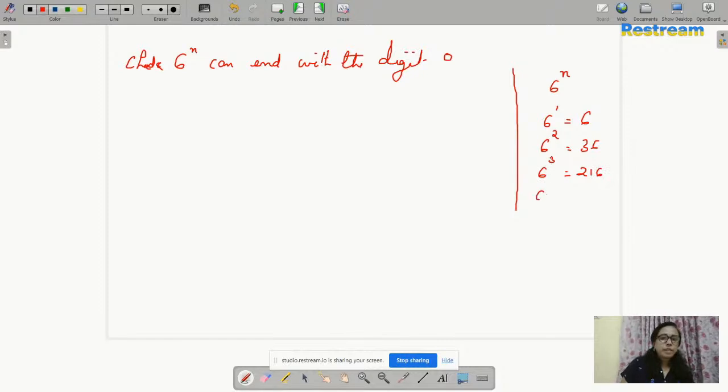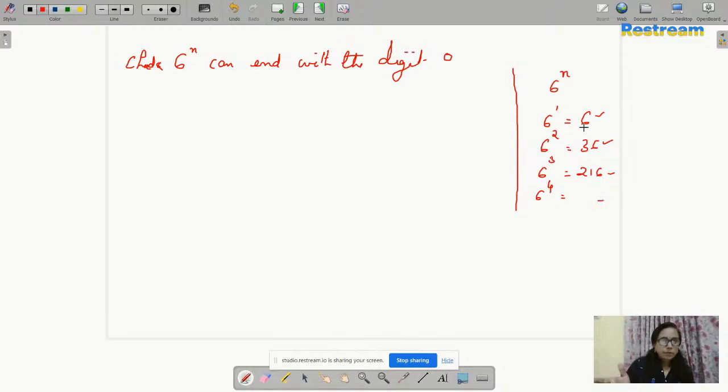In the same way, 6 raised to the power 4 also ends with 6. All the numbers will be ending with 6.